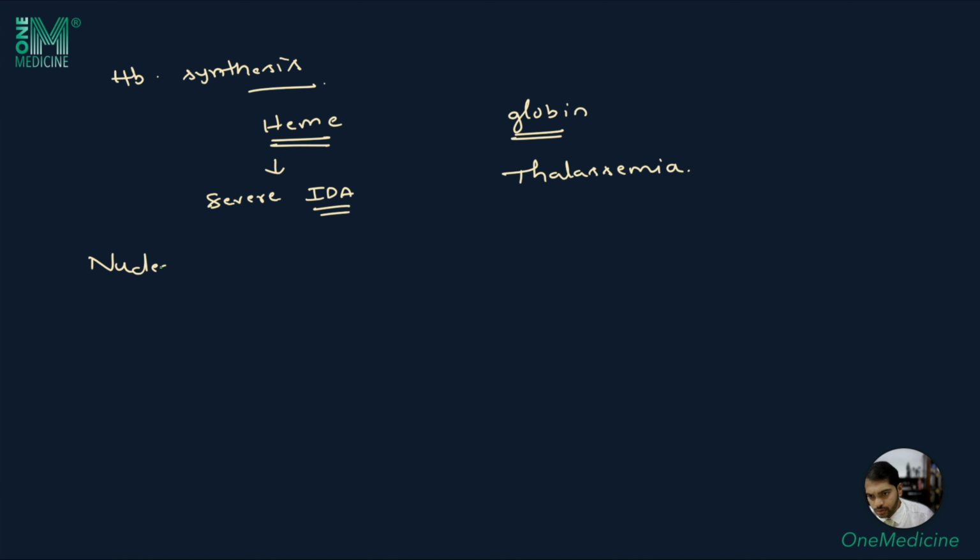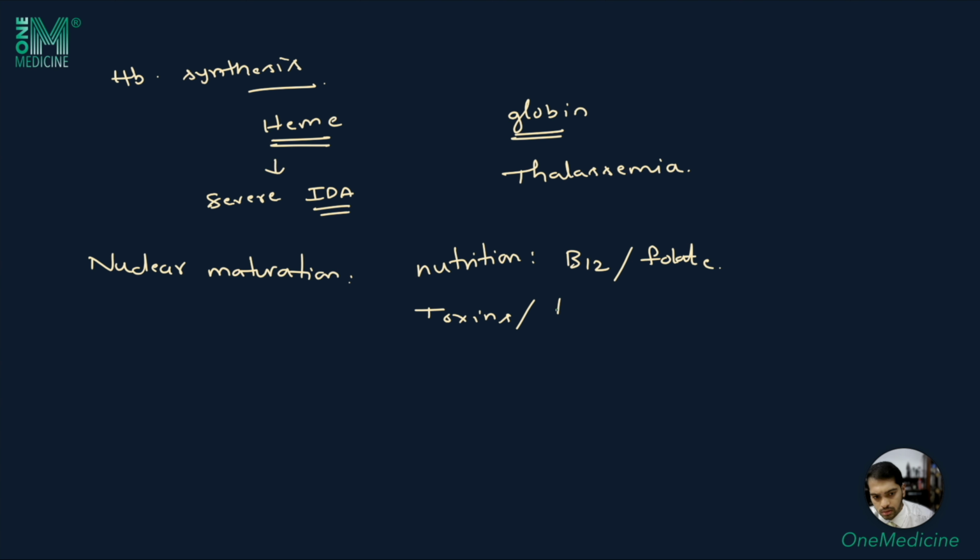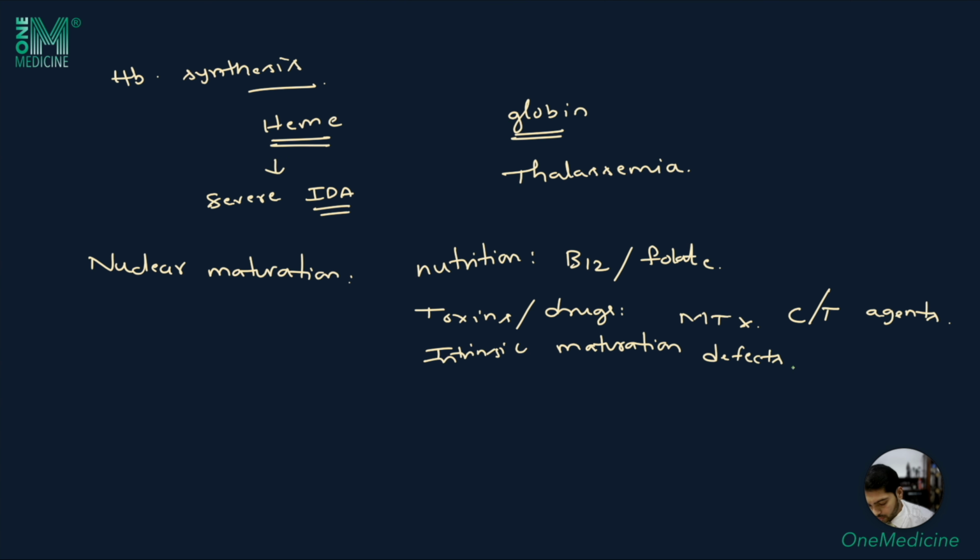Nuclear maturation defects can happen due to defects in the DNA synthesis that can be due to nutritional causes, including vitamin B12 or folate deficiency, due to toxins or drugs, examples include methotrexate and other chemotherapeutic agents, or intrinsic maturation defects, such as the one seen in refractory anemia or myelodysplasia.